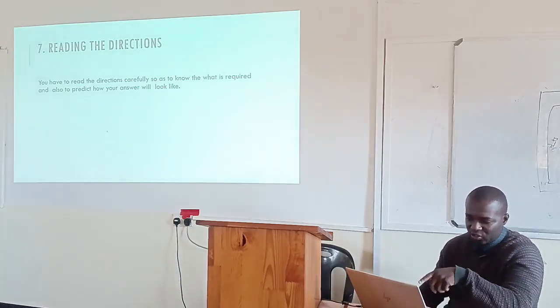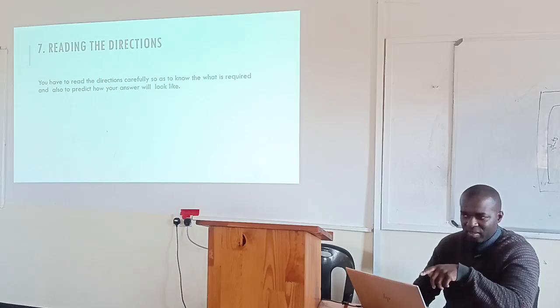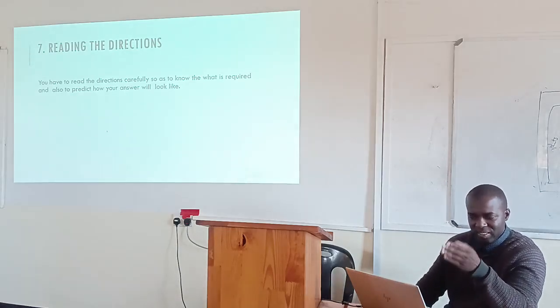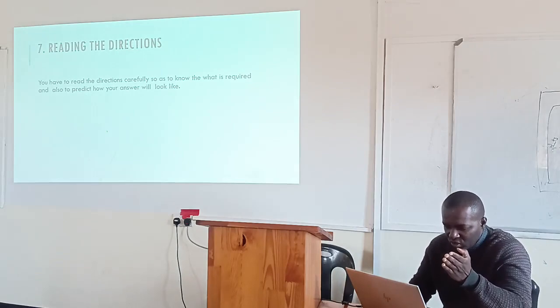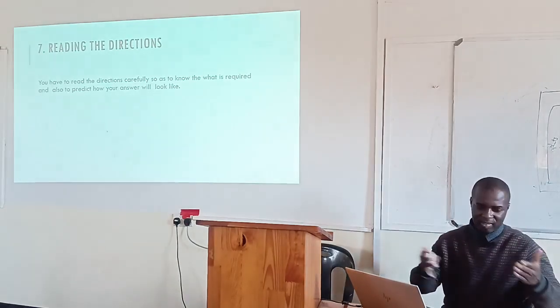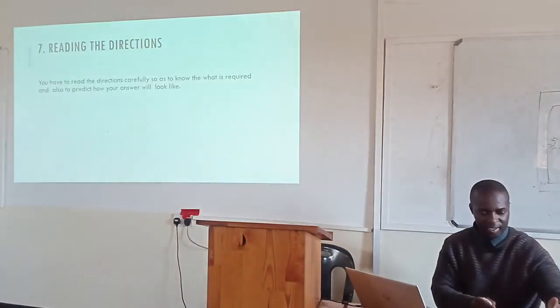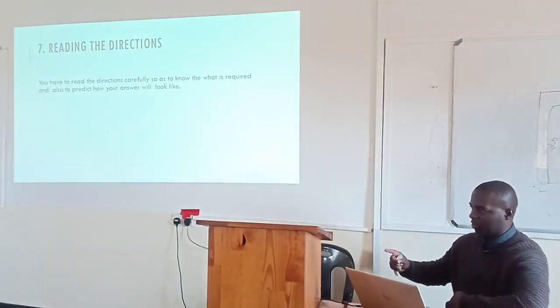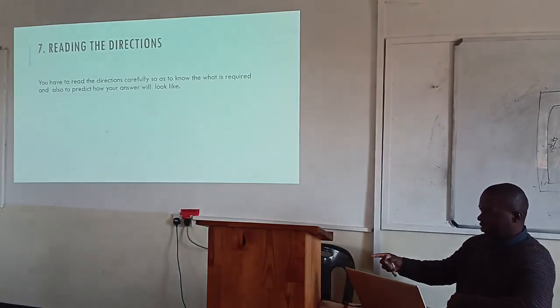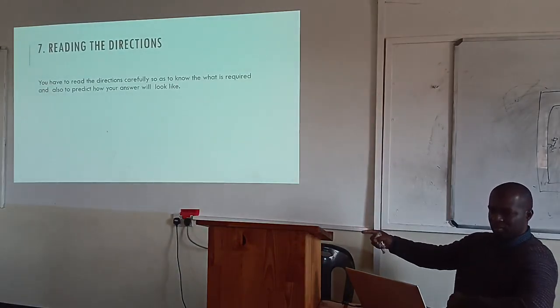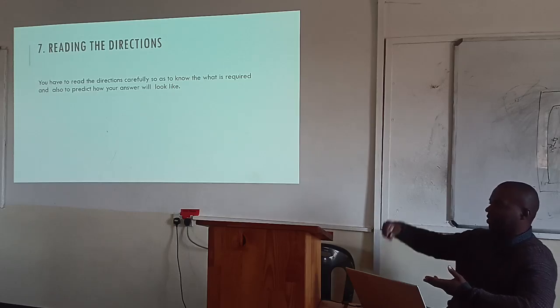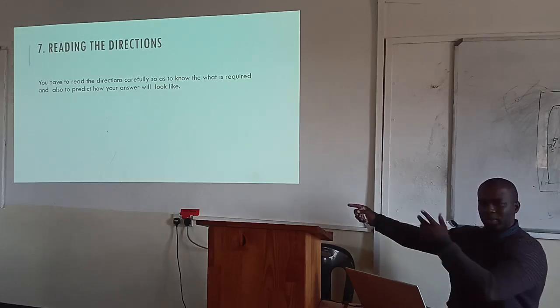When I say reading directions, the text might be directing you to something. It's like they are guiding you to something. If somebody talks about A, B, C, for example, you know the next is D, isn't it? Obviously. If they say A, B, C, D, E, you know that after E is going to be another letter.